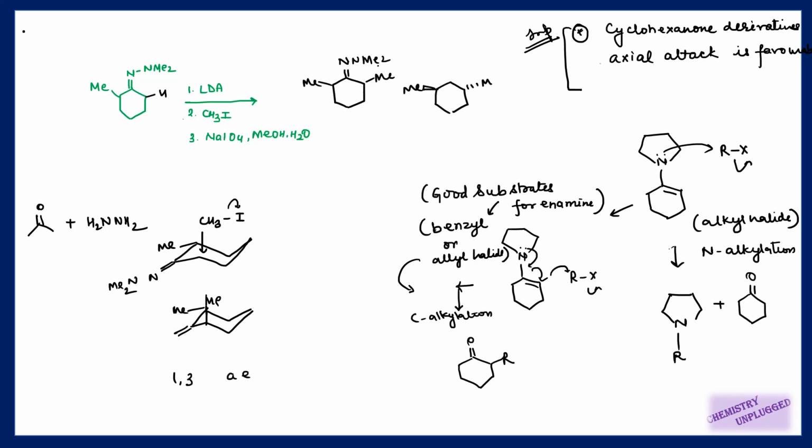Then I am using NaIO4, so this hydrazone group will be converted into carbonyl again, and I will get this product. The important point about this reaction is only that axial attack is favorable for cyclohexanone derivatives. So I will end this video here.